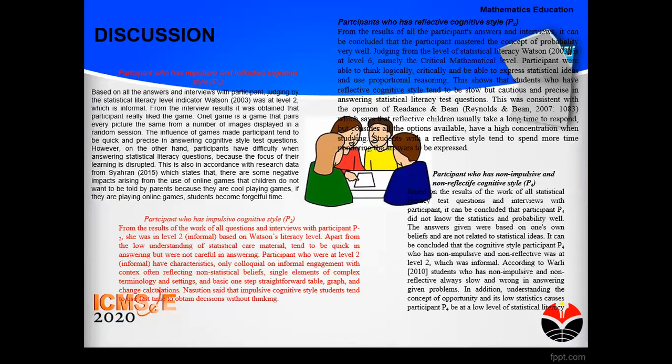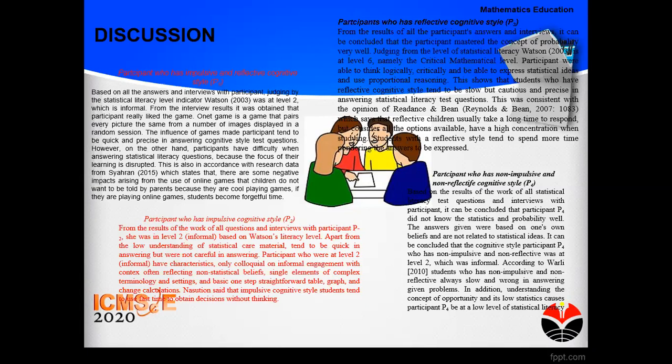Participant who has impulsive and reflective cognitive style, P1. Based on all the answers and the interviews with the participant, judging by Watson's statistical literacy level indicator, the participant was at level 2, which is informal. From the interview result, it was obtained that the participant really liked games.